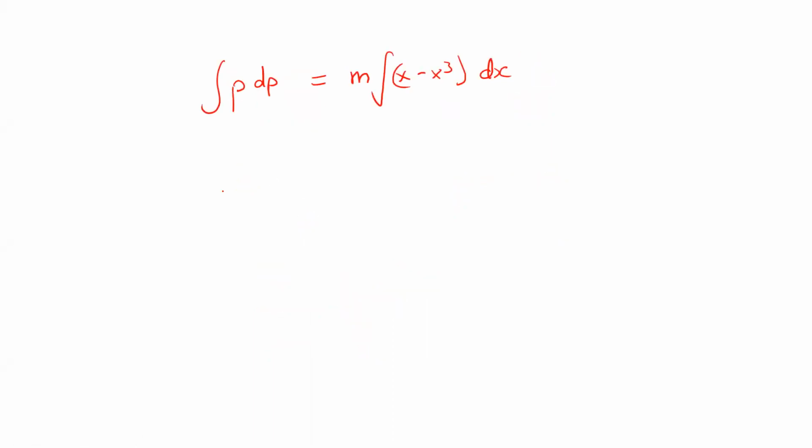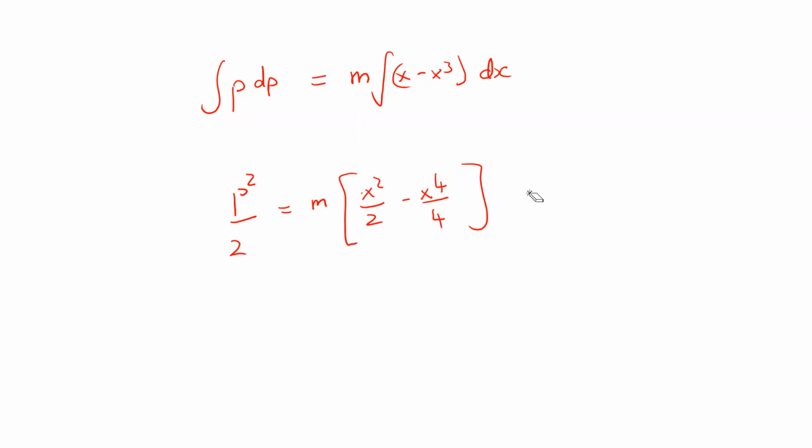The solution is p squared by 2 equal to m times x squared by 2 minus x to the power 4 by 4, plus an integration constant, but let's take the constant to be 0 for simplicity.